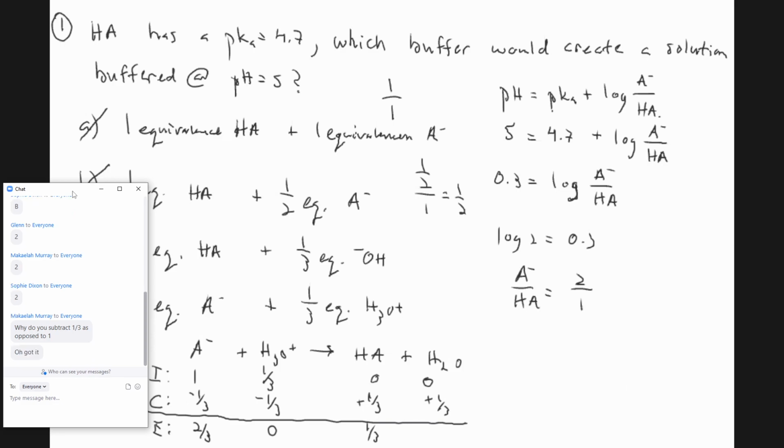You can't subtract 1 from something you don't have, right? So if we do our conjugate base over acid relationship, we're going to get 2/3 of a mole over 1/3 of a mole. That's going to be a 2-to-1 ratio. So this is the correct answer, okay?